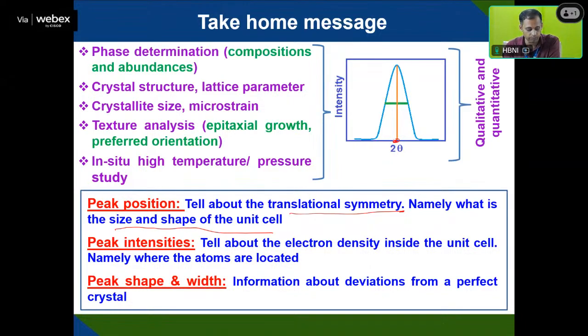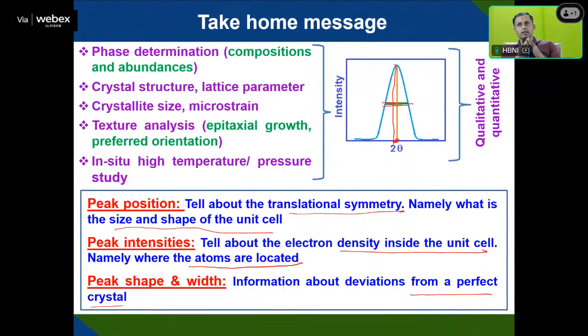The peak intensity gives information about the density inside the unit cell, where the atoms are located, so atoms and positions can be found from there. From peak shape and width, the FWHM, and the profiling, you get information about the perfection of the crystal.